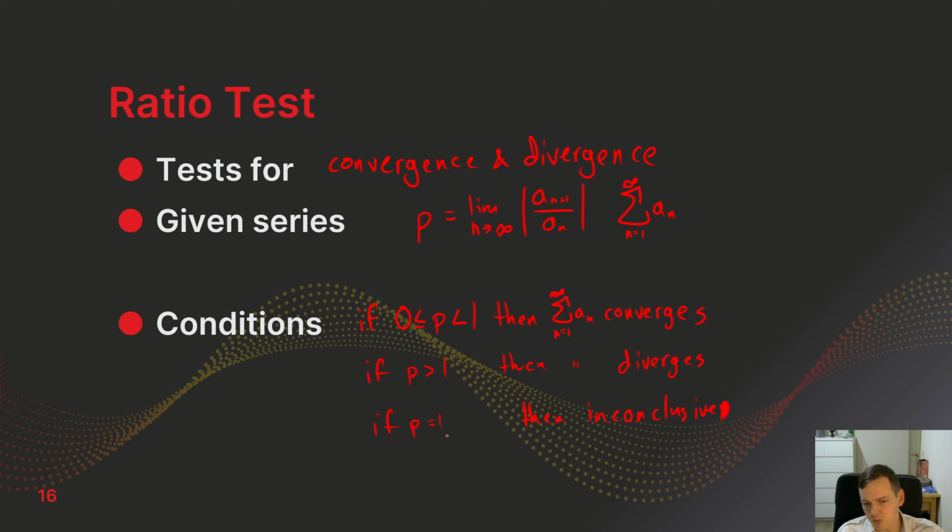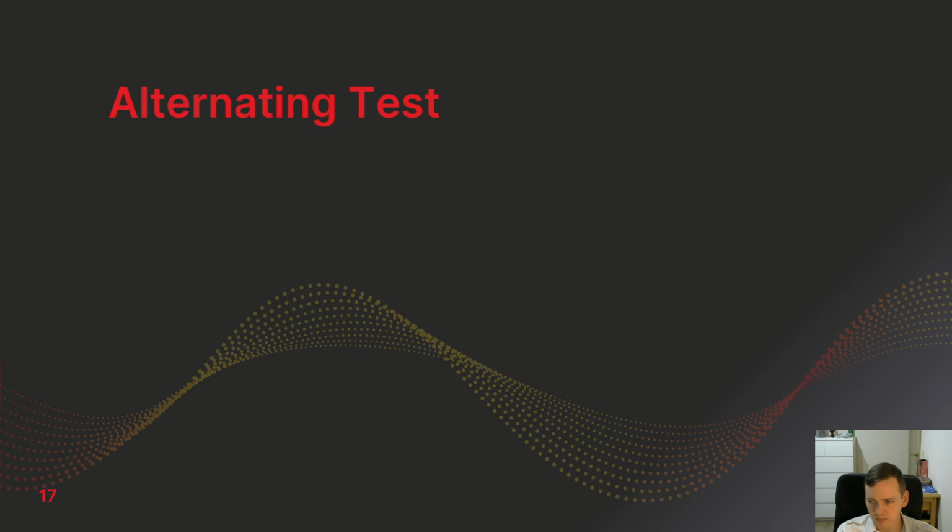If it's equal to 1, then it's inconclusive, meaning they might be decreasing at just the right rate to give you a solution, or they might be just not quite right to give you a solution.